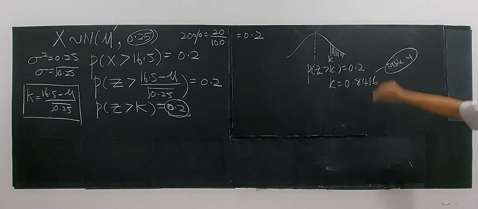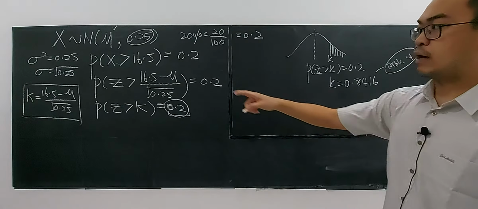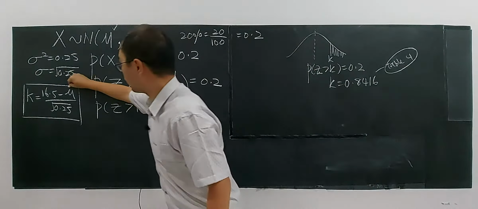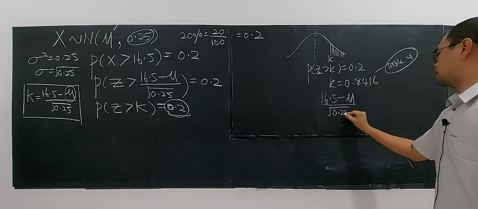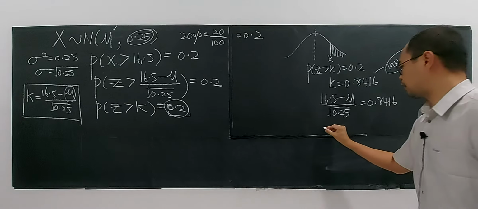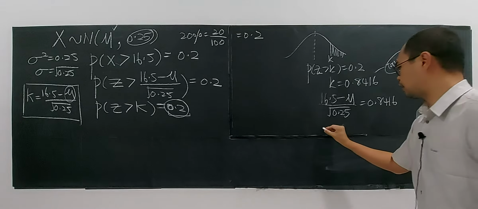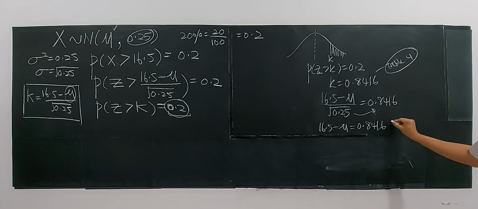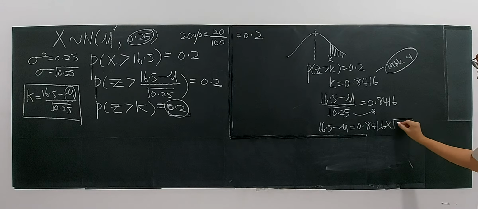Now you want to find the value of the mean. So put k back as 16.5 minus the mean, divided by the standard deviation, square root of 0.25, equals 0.8416. So 16.5 minus the mean equals 0.8416 multiplied by the square root of 0.25.